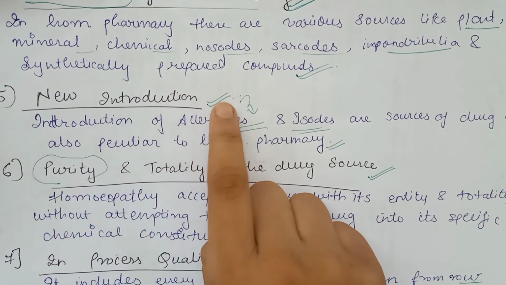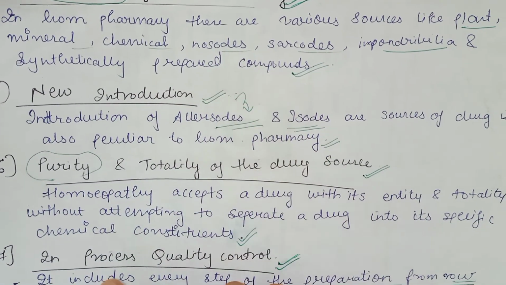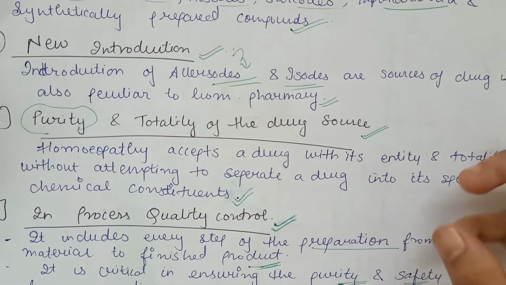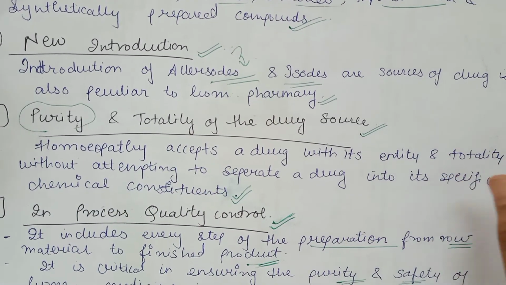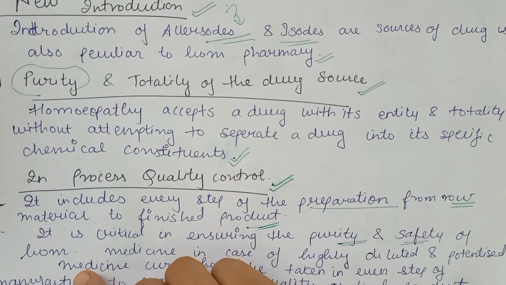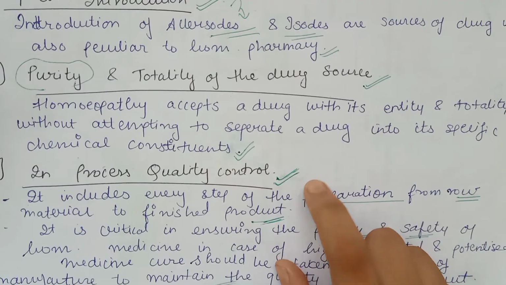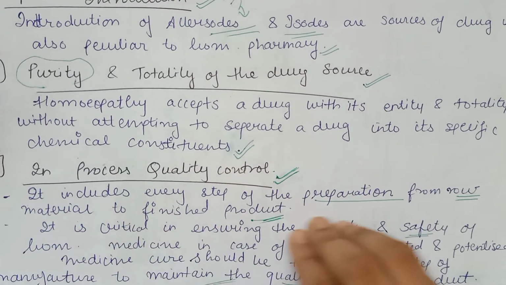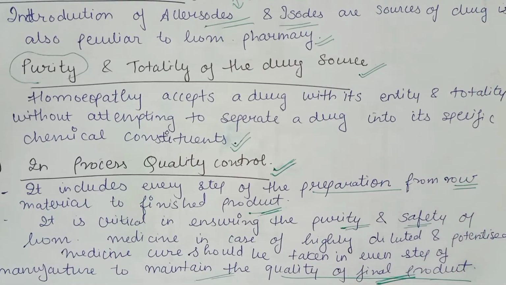Then we have new introduction, newly introduced alazoles and isodes. Purity and totality of the drug, मतलब we don't complex it or combine anything, we purely make a medicine out of it. Then in process quality control, we check the quality while manufacturing from the raw material to the manufactured final product.